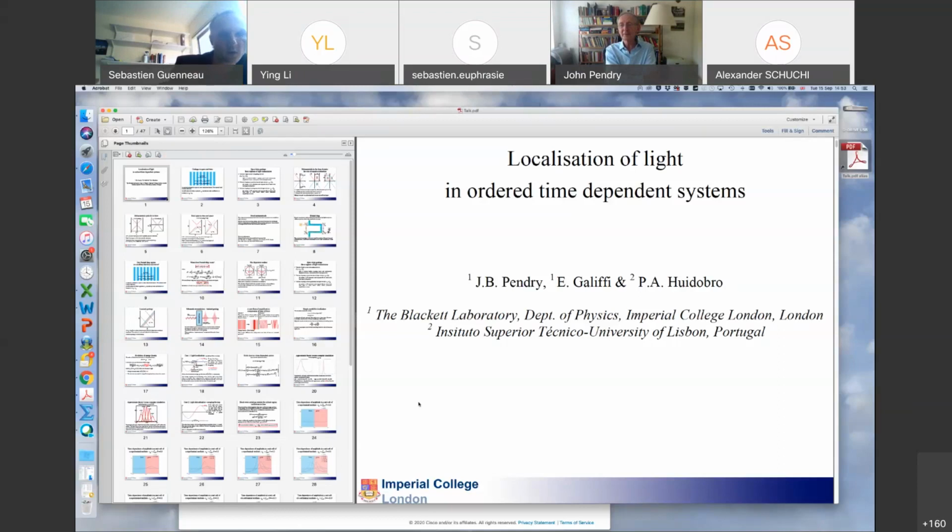So we have another question. What is the effect of losses in the medium on time-dependent system performance? Yeah, that's something which, of course, I'm thinking here of a lossless system.